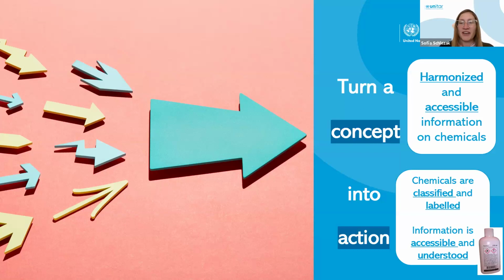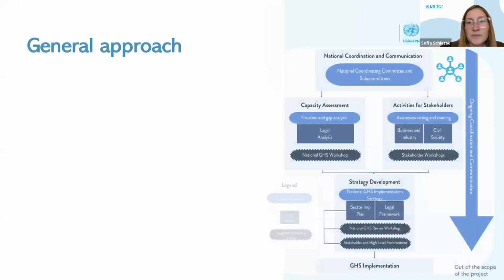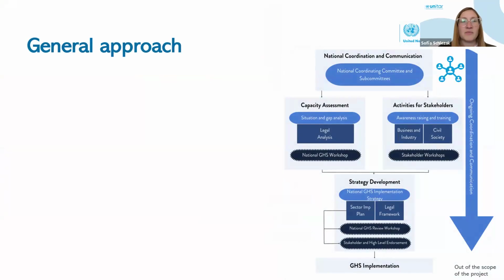It is important to have a chemical classified and labeled, but also make sure that the audience can understand that information, because that's the key message and the purpose of all of this international movement, right? So at the very end, that's what we want.